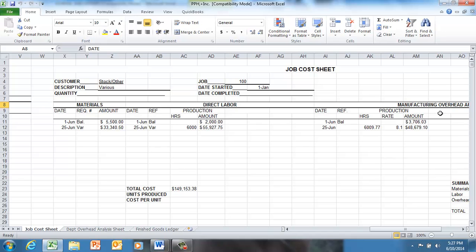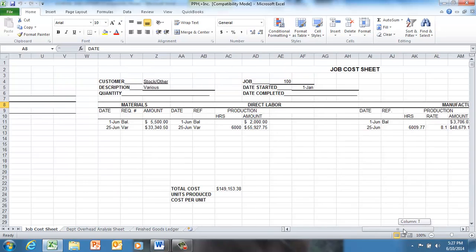And this is basically all the other numbers lumped together. You do not have to do anything with this. You should not be putting any information into this particular job cost sheet. Just leave it be. Okay?